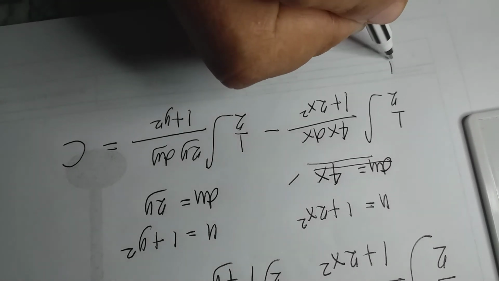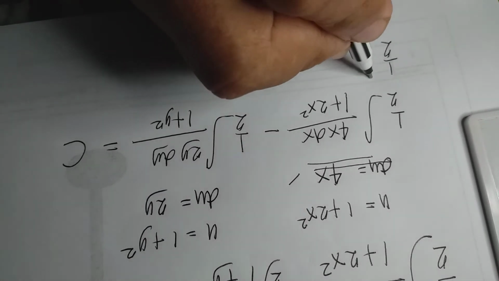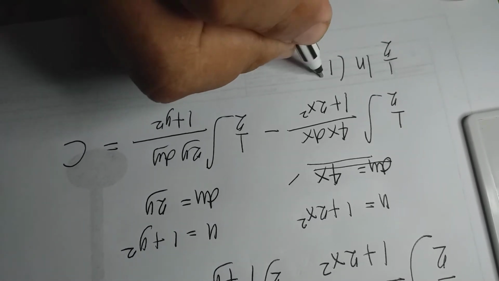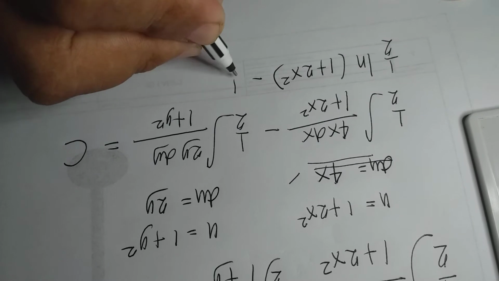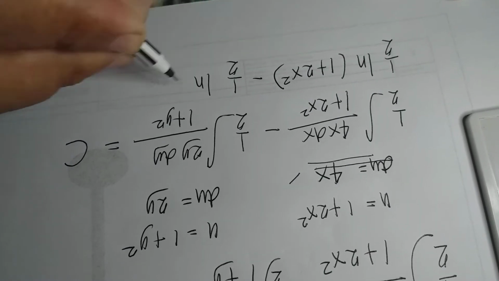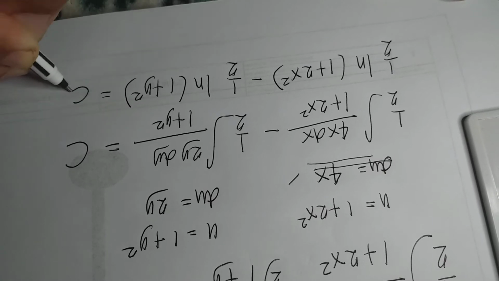So we have 1/2 the integral of 4x dx over 1 plus 2x squared, which is ln of 1 plus 2x squared, minus 1/2 ln of 1 plus y squared, equal to c.